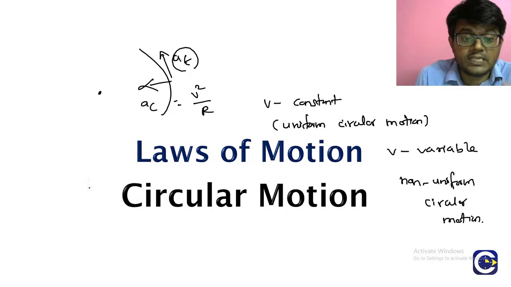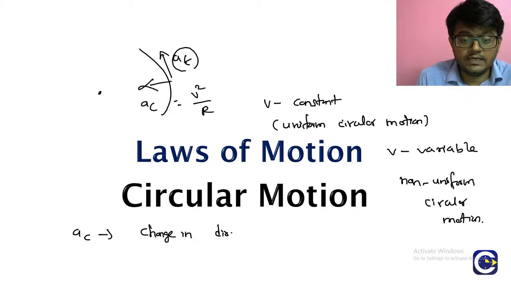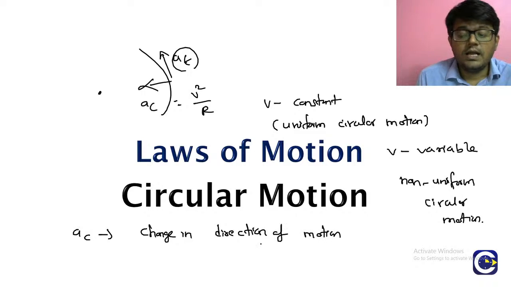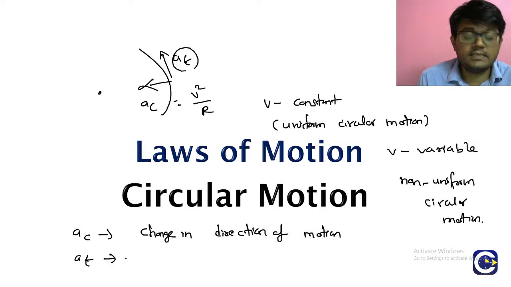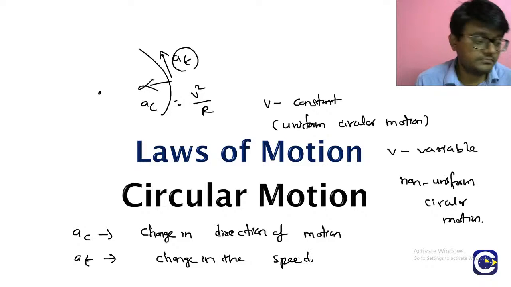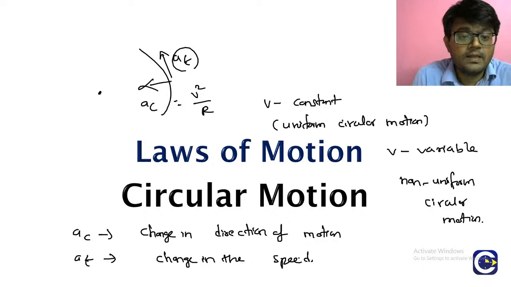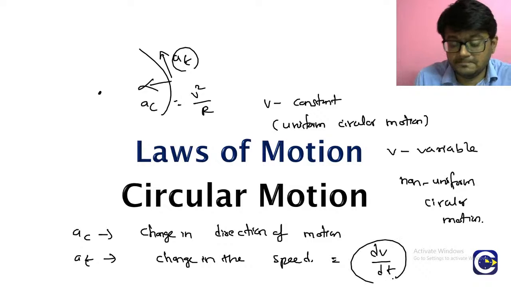Centripetal acceleration is responsible for the change in direction of motion, and tangential acceleration is responsible for the change in the speed. Tangential acceleration will be the rate of change of speed.